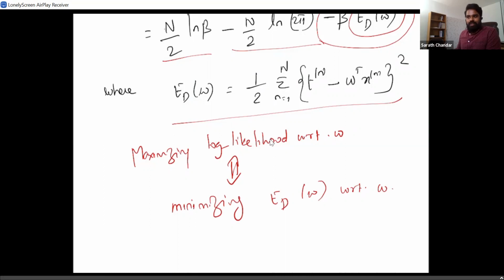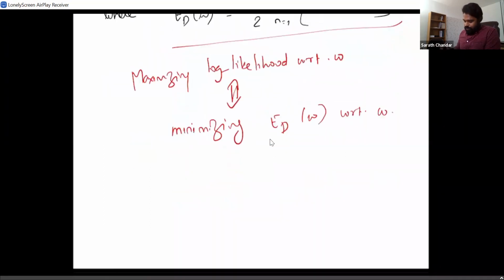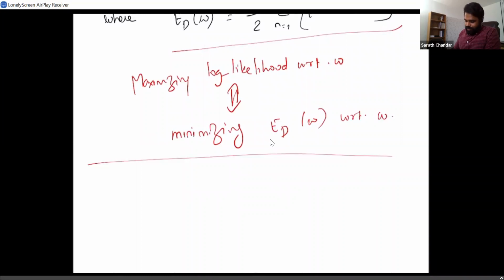Okay, is that clear? Now a couple of points to remember. The first one: in the case of squared loss function, can someone remind me what is the optimal predictor for squared loss?